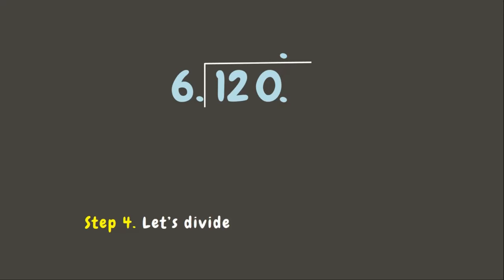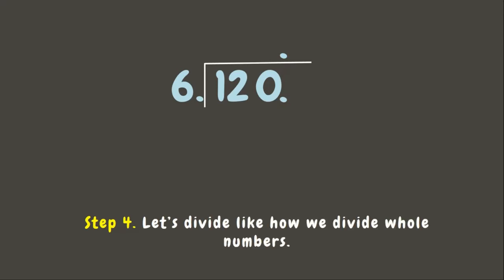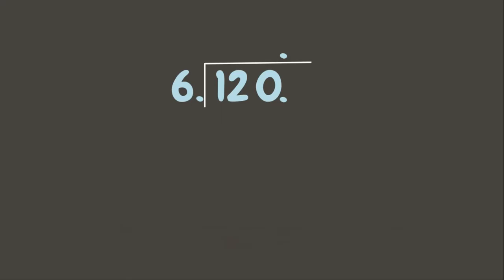Now, it's time to divide like how we divide whole numbers. 120 divided by 6. Since we cannot divide 1 by 6, let's get 12. 12 divided by 6 is 2. 2 times 6 is 12. 12 minus 12 is 0.